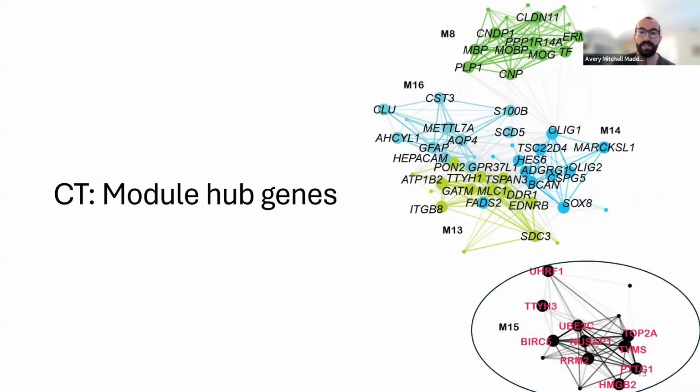For module 15, we see a lot of genes related to promoting proliferation, preventing apoptosis, or both in GBM, as well as, interestingly, two genes, TYMS and HMGB2, that were identified in the literature for modulating temozolomide resistance, which is the standard of care for treating glioblastoma.